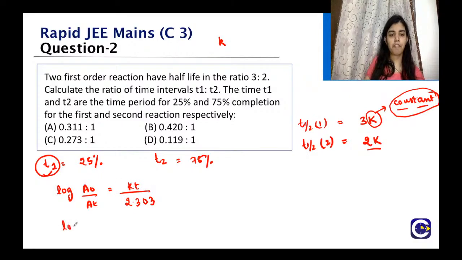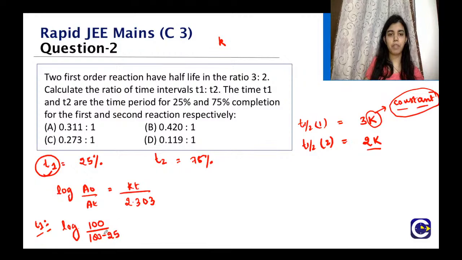So first we are finding out T1 basically, right? This is the time period for 25% completion. That means 25% has been decomposed and the left percent is 75%. So log of 100 by 100 minus 25.